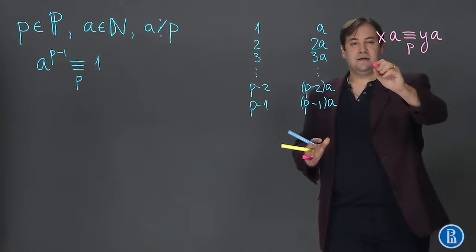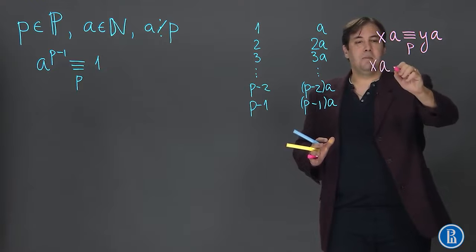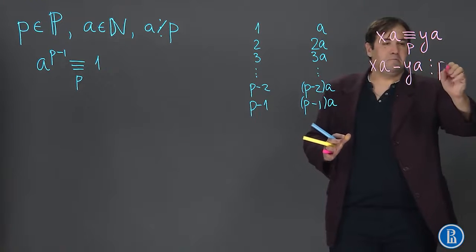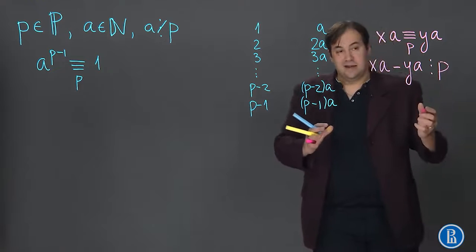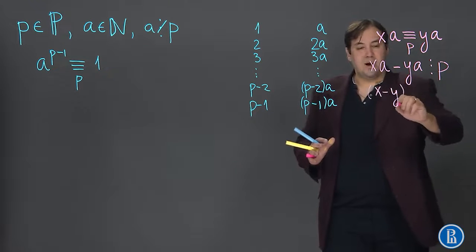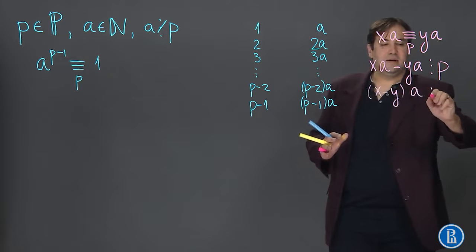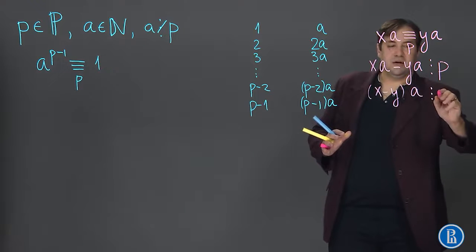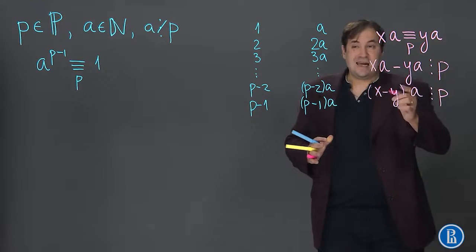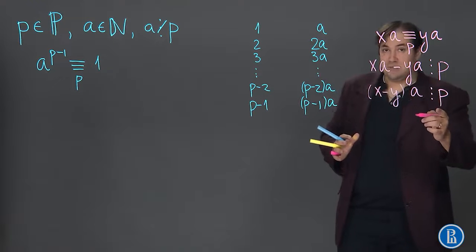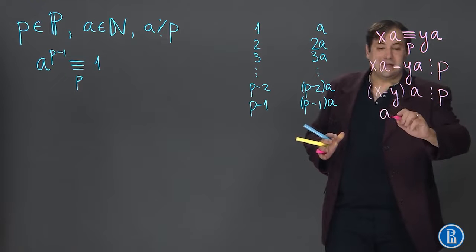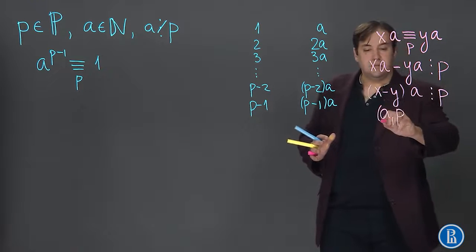This means that xa minus ya must be divisible by p. Here we can transform it into (x minus y) multiplied by a, which should be divisible by p. And we know that since a is not divisible by p and p is prime, a and p are mutually prime.